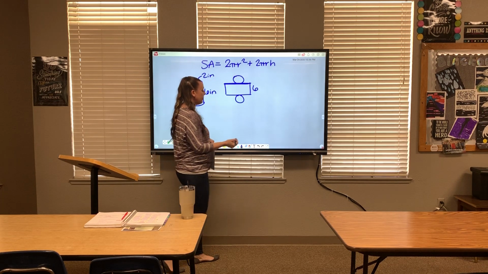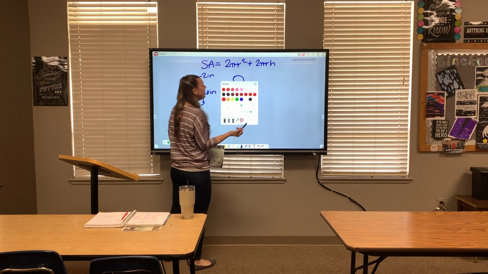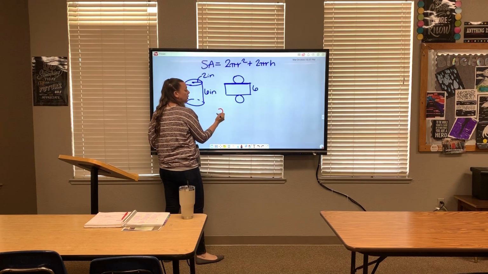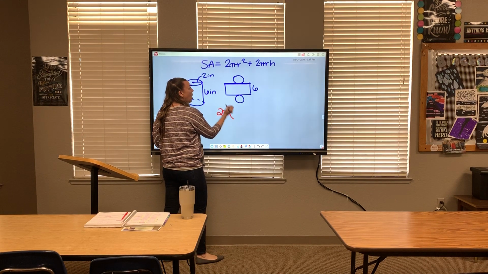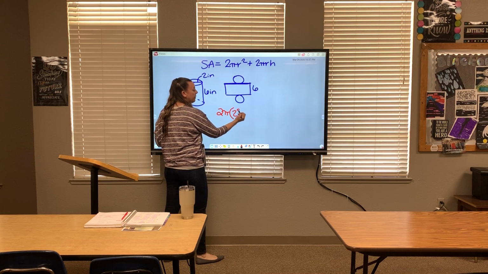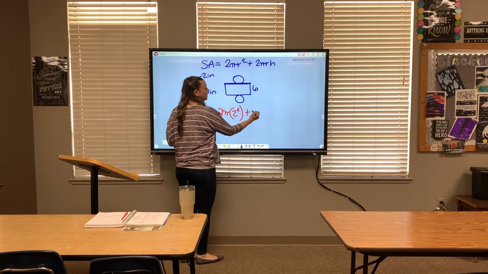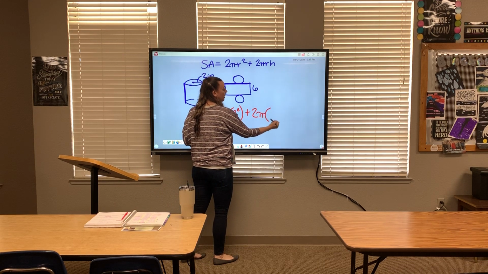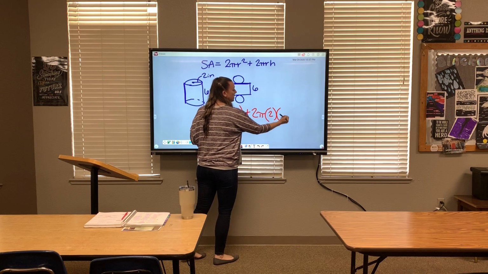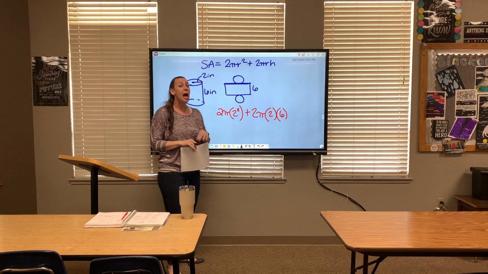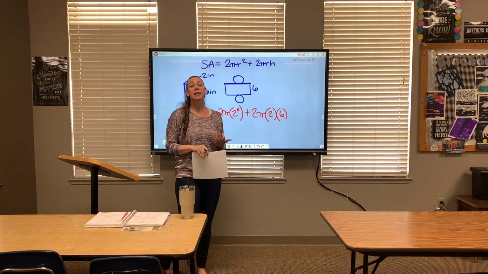So I'm going to plug in the information that we know. I'm going to say 2 times pi r squared, so I have 2 squared, plus 2 times pi times 2 times 6. Now, I'm going to ask you to treat that pi like it's a variable.